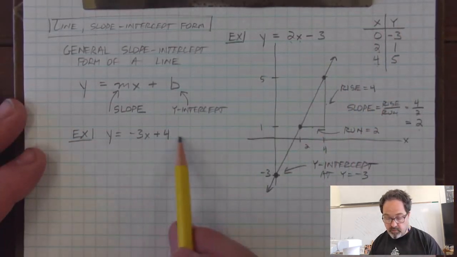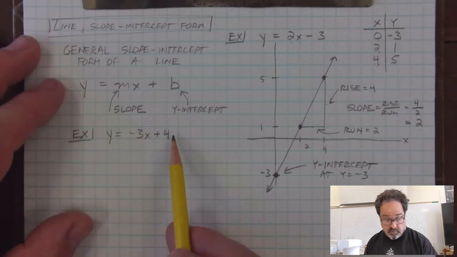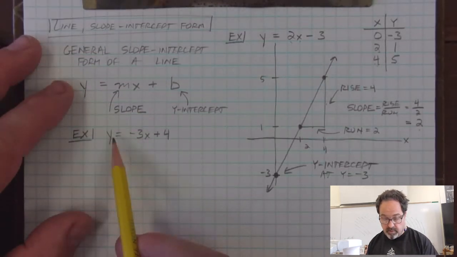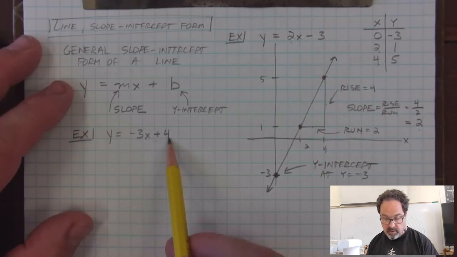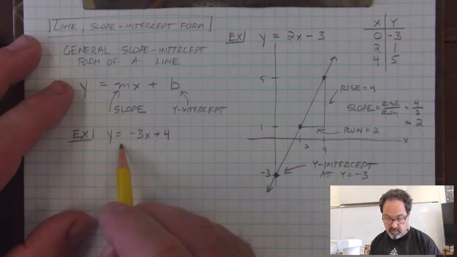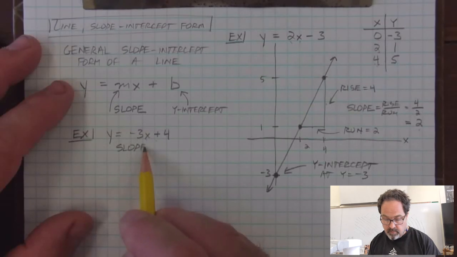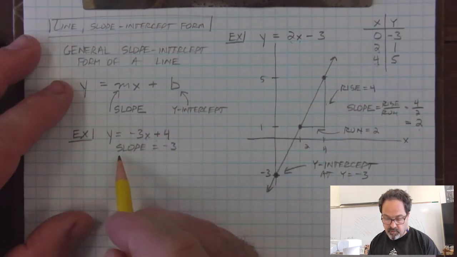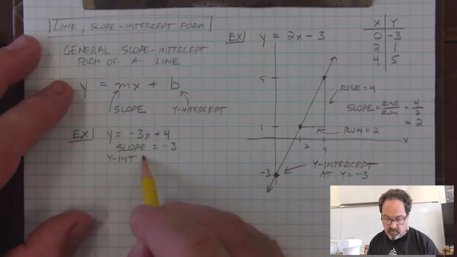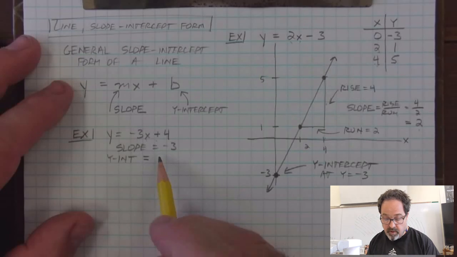If we're given an equation like this, and we observe it's in slope-intercept form, if it is y is equal to a number times x plus or minus another number, then the number multiplying x is the slope, in this case negative 3, and the number that we're adding or subtracting is the y-intercept, abbreviated y-int if we want, and in this case is a positive 4.